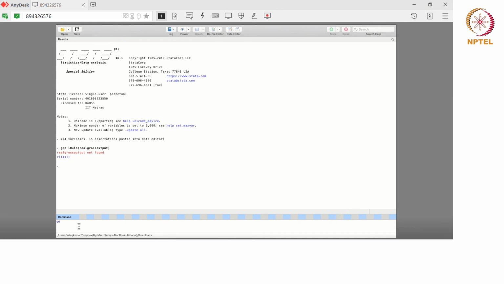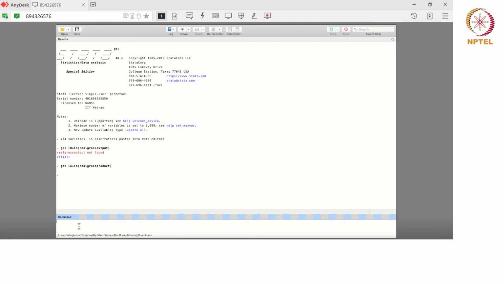So, gen L0 equals ln real gross product. Then if you press enter, it will work.